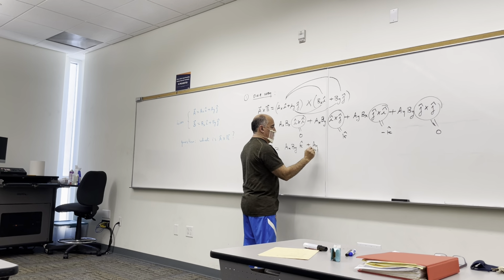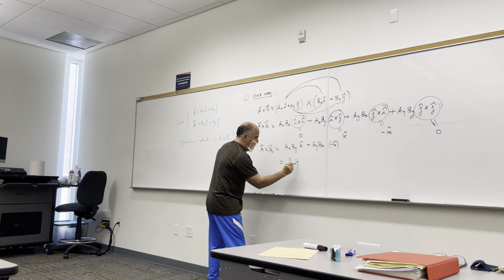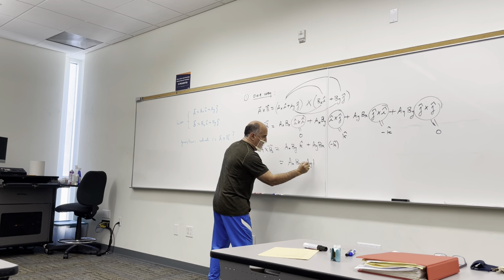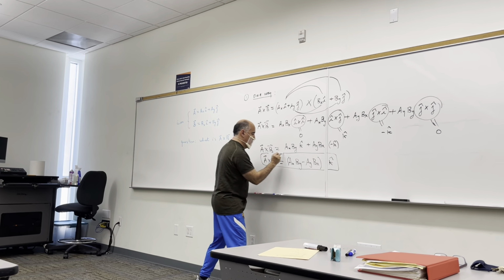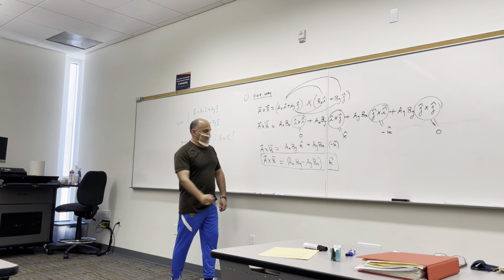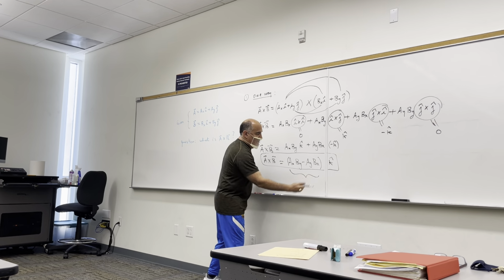Well, factor out k hat, and I get AX BY minus AY BX k hat. And this is what you mentioned, but the k hat was missing in the answer.